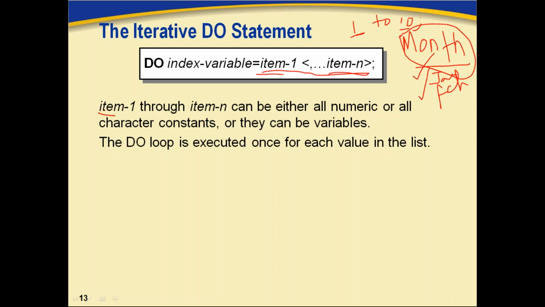So item 1 through item n can be either all numeric or all character constants. They can be character constants or they can be variables as well. This is important. When you say variables, let's say you have a data set with m1, m2, m3 as variables.